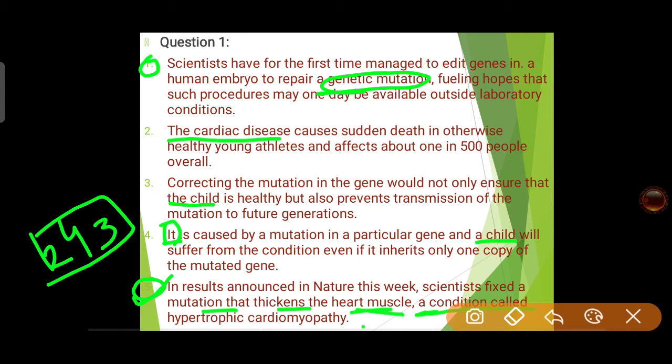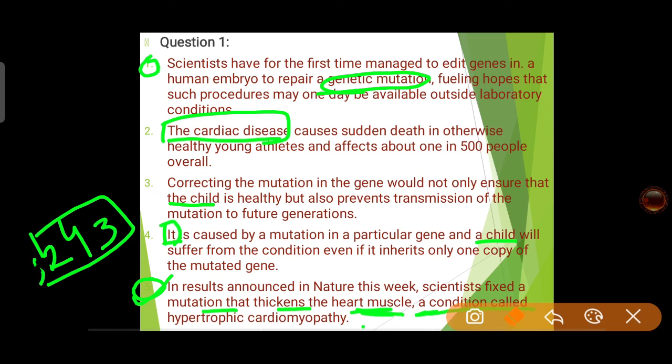Okay, get thicker, and in this manner we can say that that condition is somehow related to cardiac disease, because it is the disease in someone's heart or related to heart. So we can say that after 5, 2 will be there. So if we go through the mandatory pair, we have to use 5 before 2.